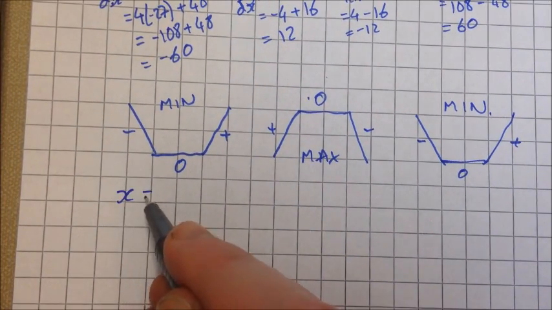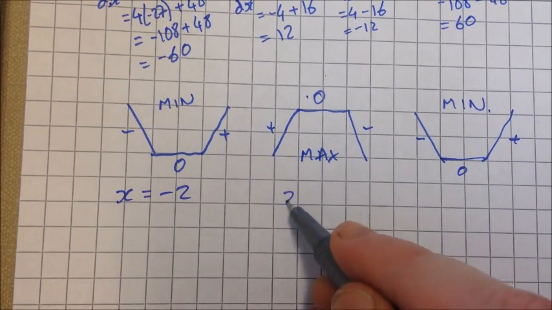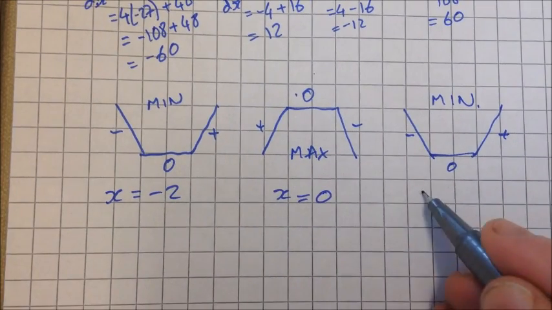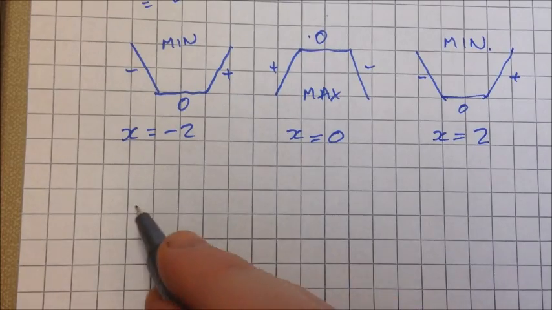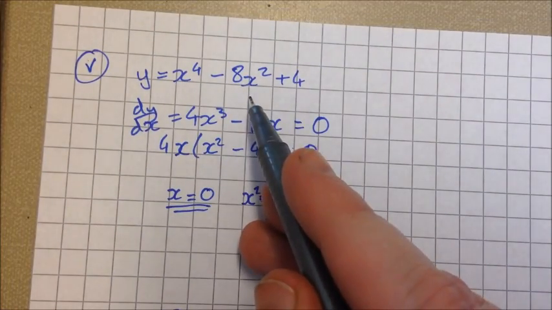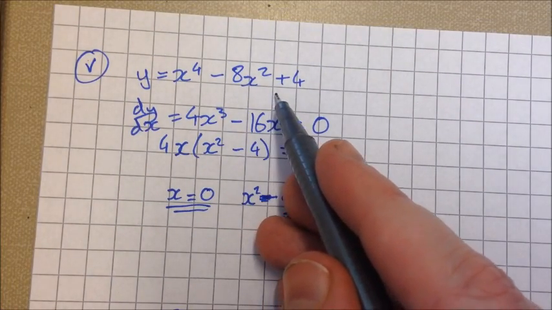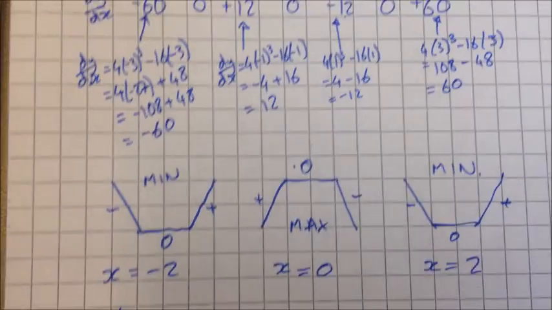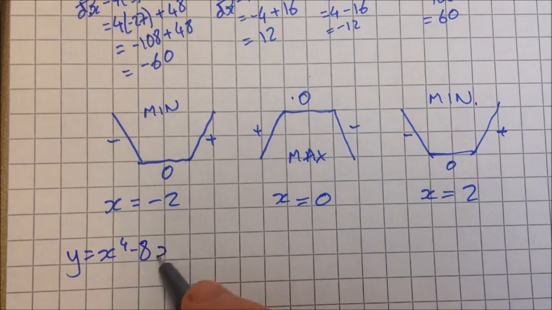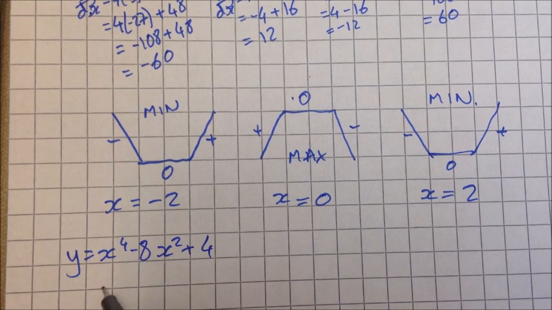So we've got x equals -2 for this one, x equals 0 for this one, x equals 2 for this one. So we want to go back to our original equation. y equals x to the power 4, take away 8x squared plus 4.